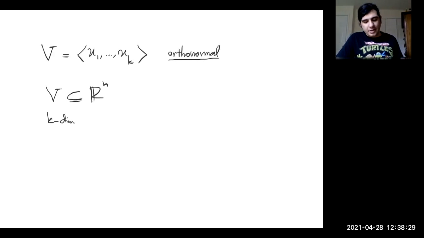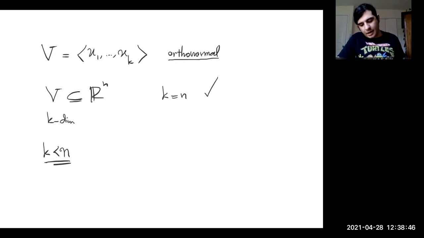Suppose it's k-dimensional, for some k. So if k is equal to n, actually we are done. In that basis, the matrix is diagonal. So what if k is less than n?